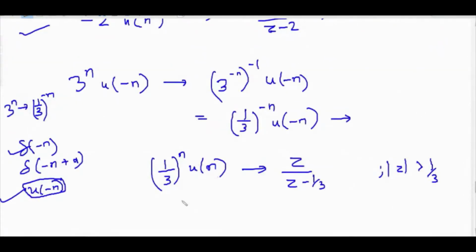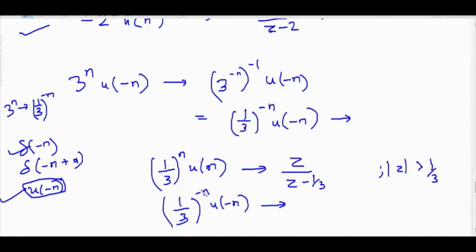So the z transform of 1 by 3 raised to minus n u of minus n will be, at both the places minus n is there, so I should use the time reversal property. How to apply the time reversal property? What is the difference between these two equations? This is the standard formula. You should always compare with the standard formula and arrange your equation in terms of the standard formula.